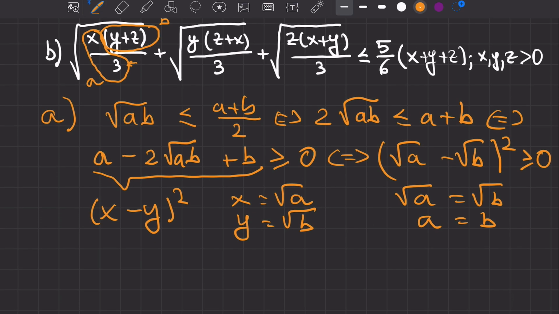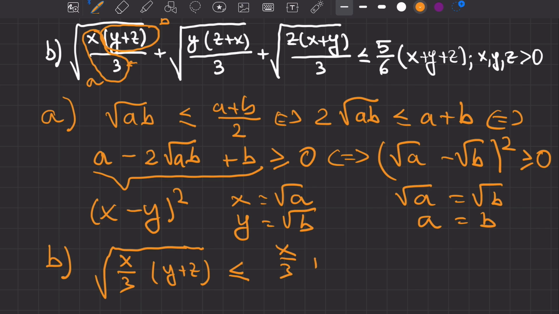B, we have square root of x over 3 multiplied by y plus z. Now we apply the inequality from point A, and we get that it's less than or equal to, the first term is x over 3 plus the second term is y plus z, all over 2.